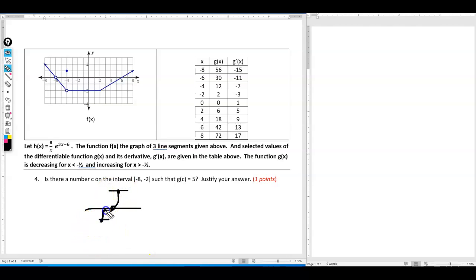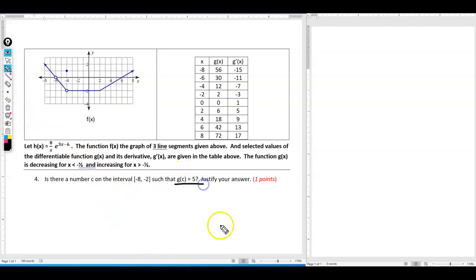So if you have a continuous function and it goes from a low value to a high value, then it had to cross any number that you may choose between those 2 values to get there. But understand, it is a stipulation that that only works if it's continuous. If you have a broken, non-continuous function, then there are some values in between that don't actually exist. Okay, but that's what the intermediate value theorem is.